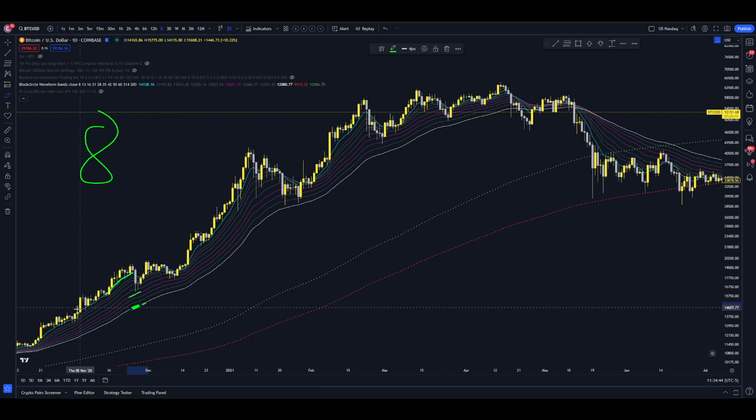The reason for that is that on the lower time frame, when you lose this 8, that is a trend break. You're taking this pattern of higher lows and higher highs, and when you lose the 8, you are making a lower low below this support.